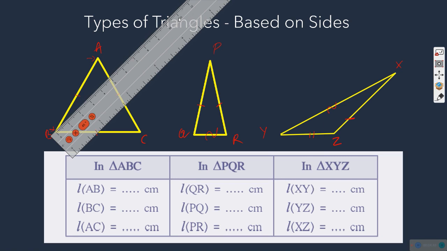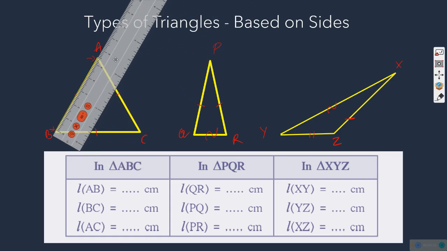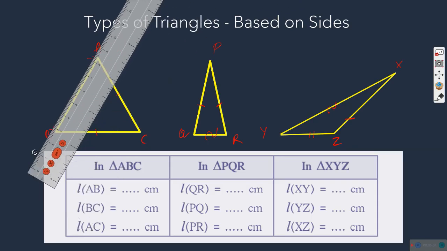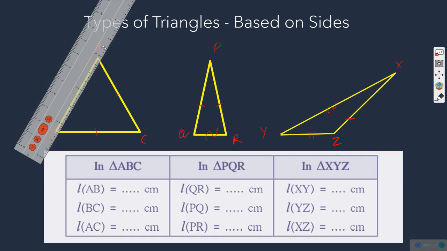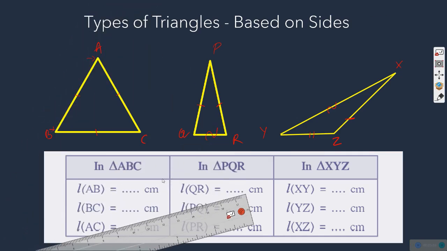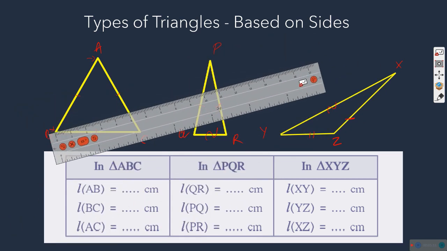I will just do it for you once. Okay, if I measure, this is almost 5.5 centimeter. If I do the measurement here, by keeping it here, you can see that it is also 5.5 because all the three sides are equal.